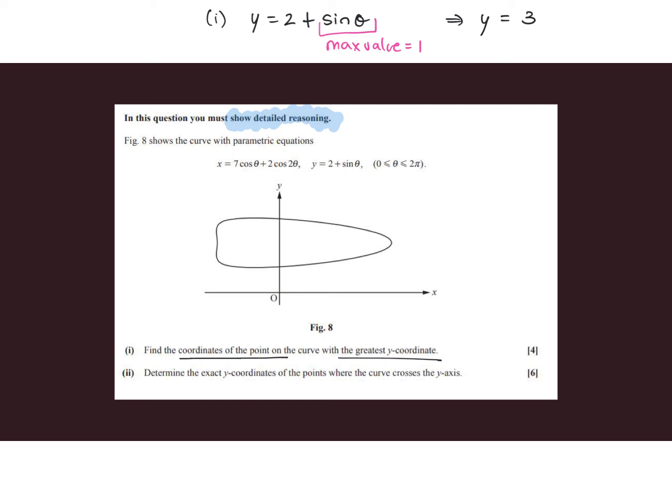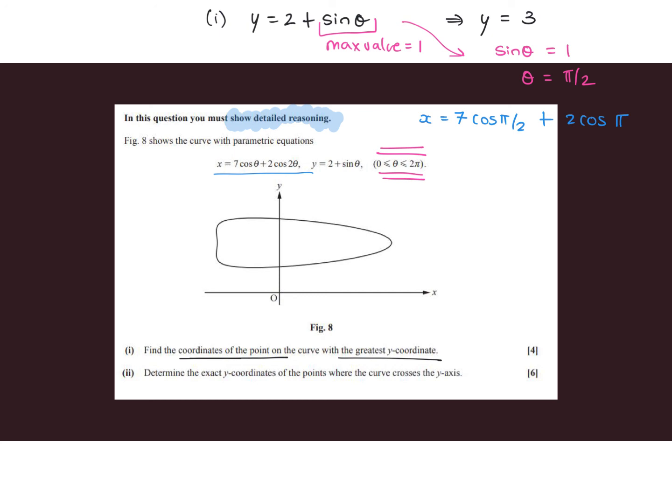We then need to find the value of x for which this maximum y value occurs, so we're going to go back to the fact that sine theta equals 1, which means theta equals pi by 2 for the domain of theta values that we are working with. x can then be calculated by substituting into this parametric equation for x, so that's 7 cos pi by 2 plus 2 cos, and we want 2 lots of pi by 2, which is just pi.